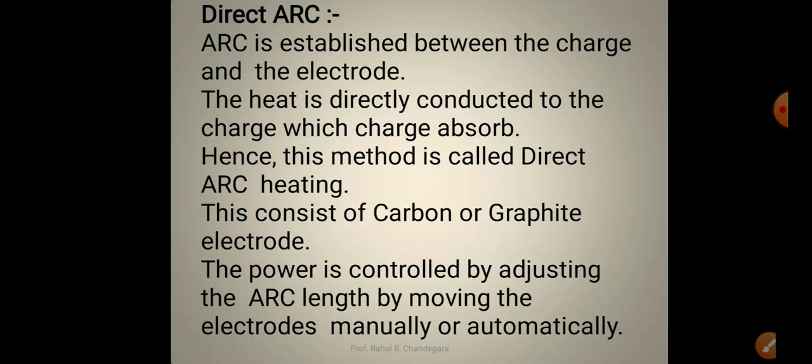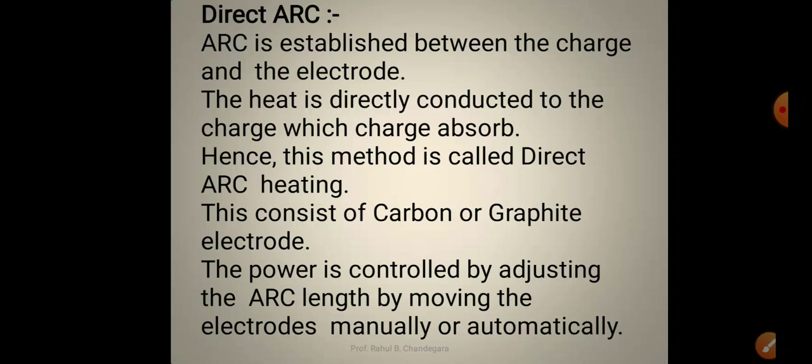The power is controlled by adjusting the arc length by moving the electrodes manually or automatically. When we move the electrodes, the arc produced between electrode and charge gets ionized, and when we move, the length of the arc is increased and the diameter of the arc is reduced.